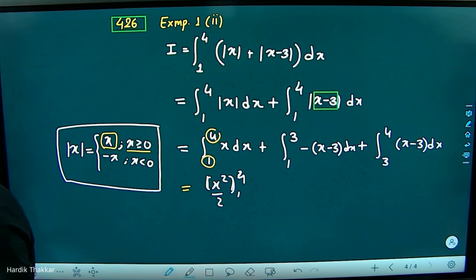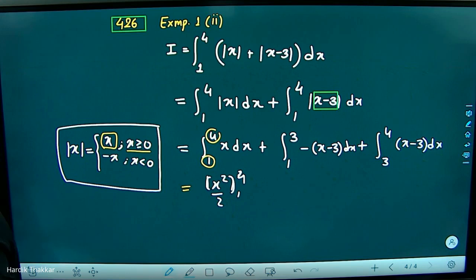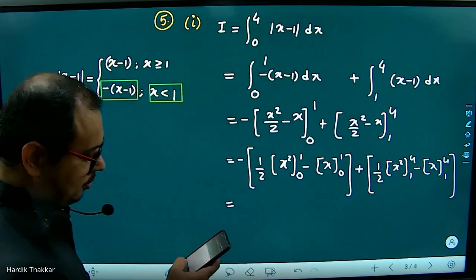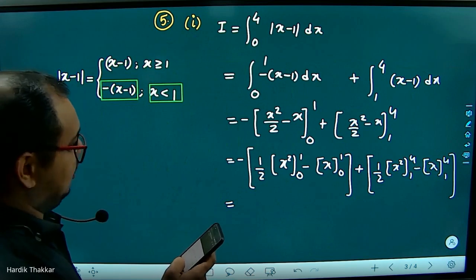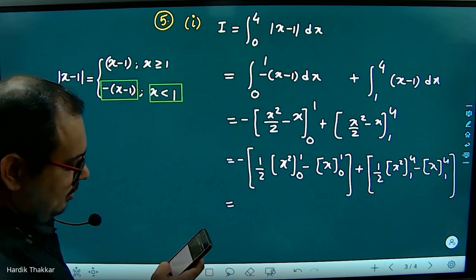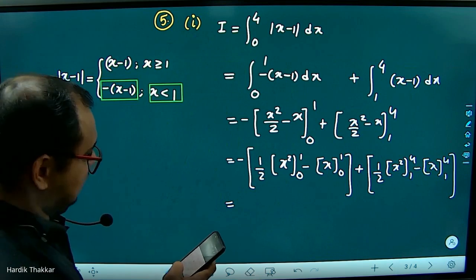So Chevy, this question is from which part? Question number 5, first one. Okay. So this was the question. Okay, so you have taken this. Upper limit minus lower limit, upper limit minus lower limit.